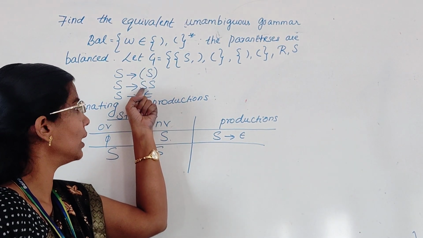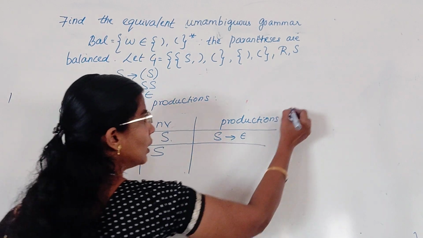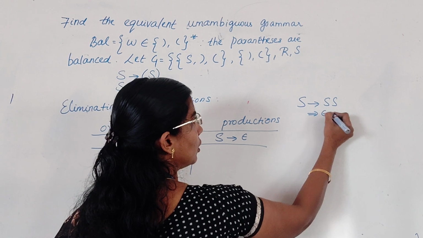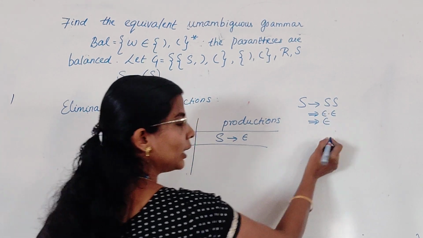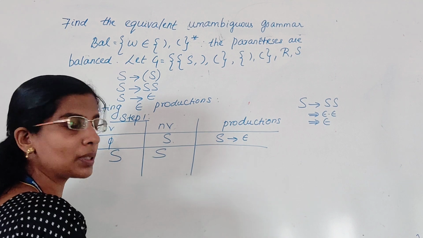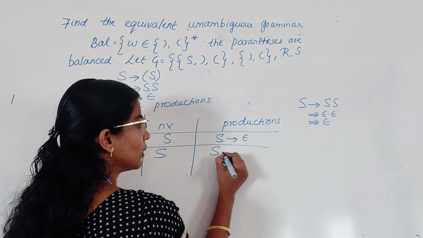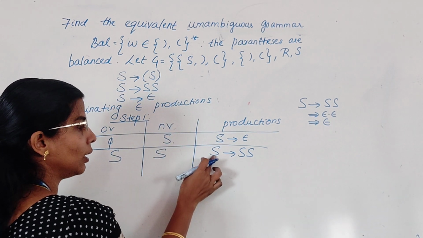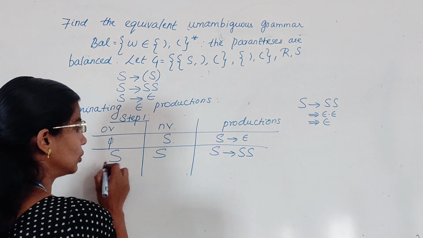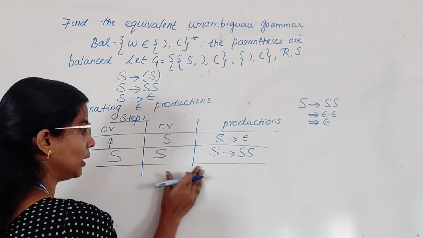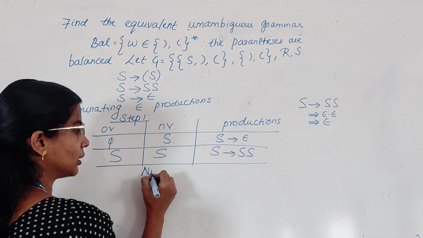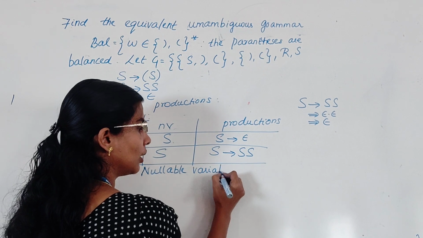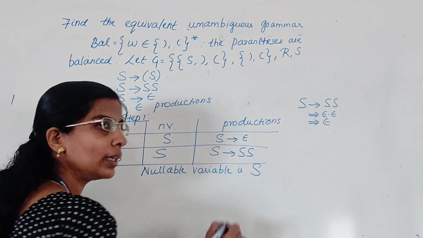For S tends to SS, substitute epsilon and you will get only epsilon on the RHS. So you can write this production. This variable is there already, so you won't get anything new. So the nullable variable is S, the start symbol.